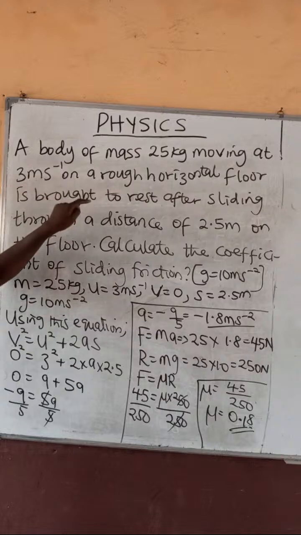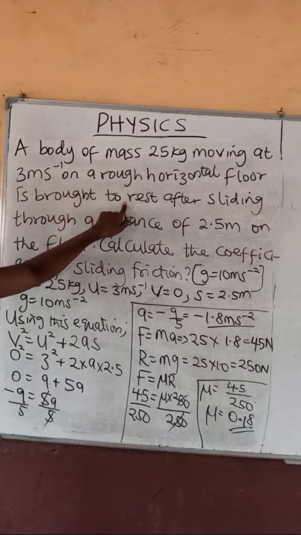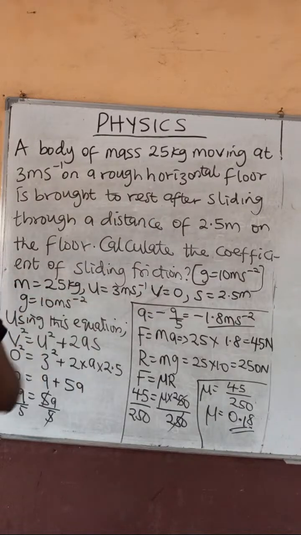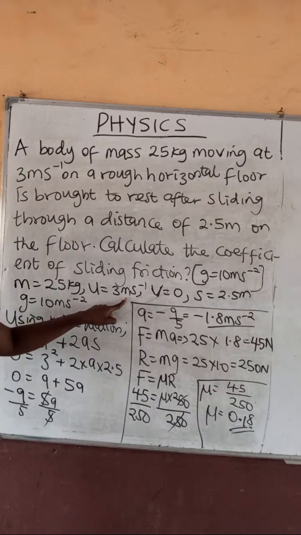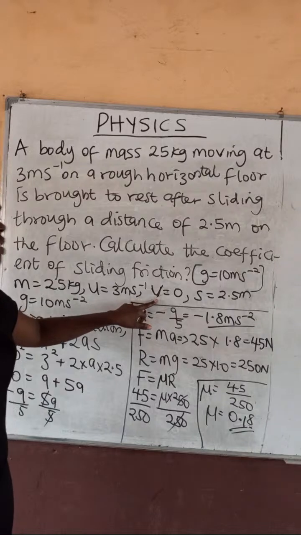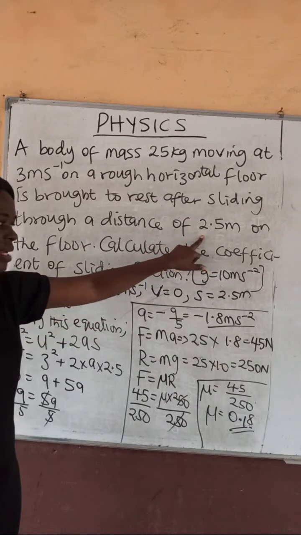Okay? Now this body is brought to rest, meaning the body was in motion and it was now brought to rest. That means my final velocity v is equal to 0. My u is 3 meters per second, my final velocity v equals 0, and my distance is given as 2.5 meters.